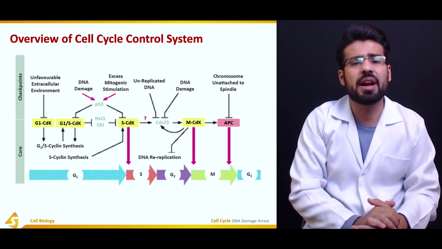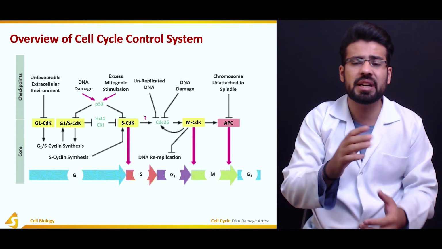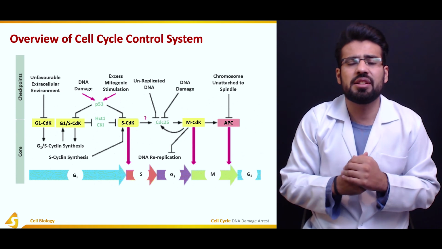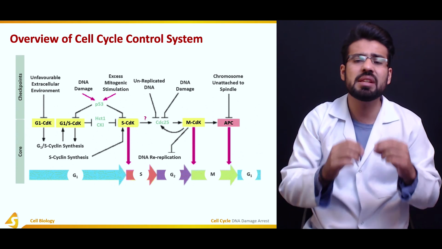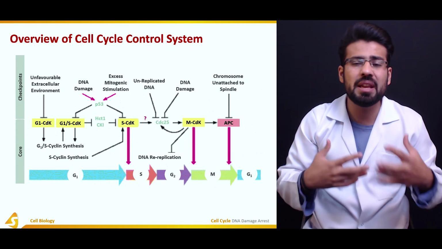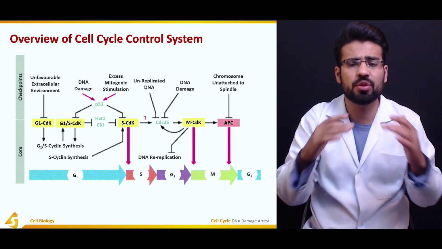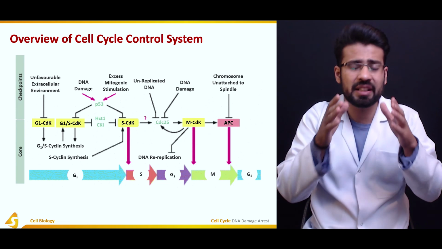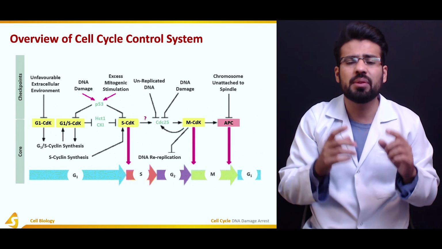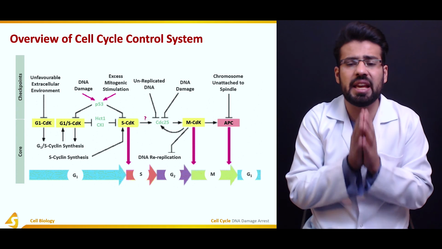In this particular case, the anaphase promoting complex, APC, takes a leading role, where it binds to CDC20 and results in the degradation of securin molecules, activating separase. But when a signal is sent that the chromosome is unattached to the spindle, there is no proper attachment of the kinetochore microtubules, the arrangement is not right, or there can be different kinds of variations or mutations, it is going to negatively downregulate the APC activity.